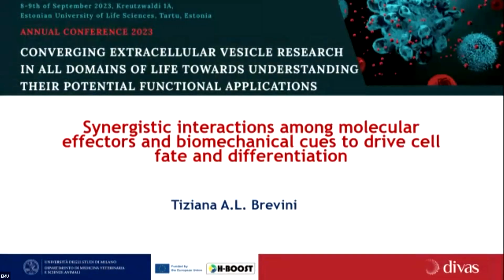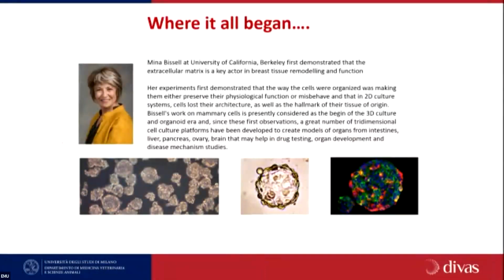And I would like to start by reminding you about the pioneering work carried out by Mina Bissell. Mina Bissell was working at Berkeley University in California, and she firstly demonstrated the key role played by the extracellular matrix in mammary gland cultures in vitro.